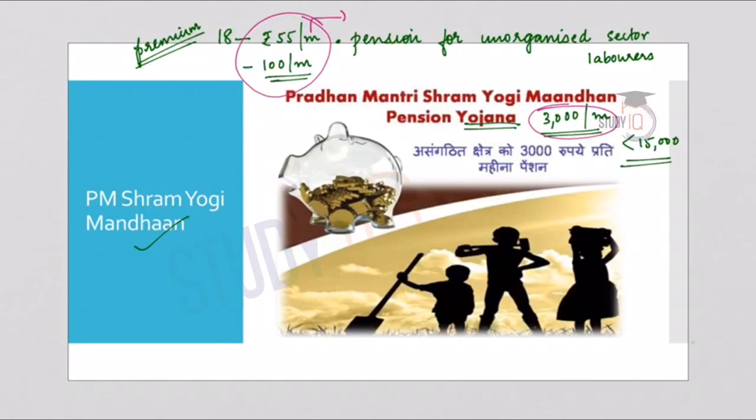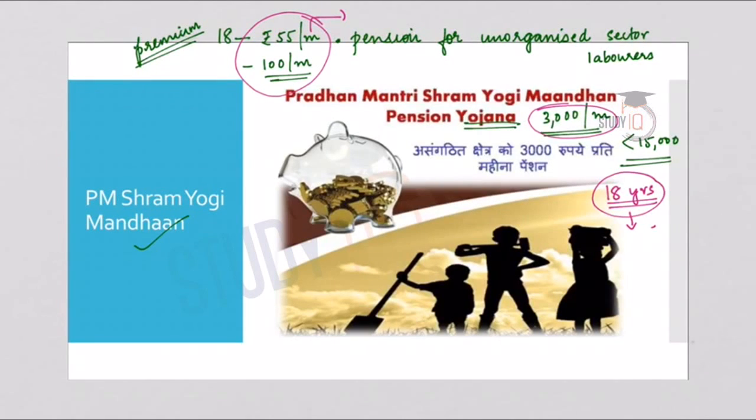Now, what is important here is that suppose a person who is 18 years of age enrolls with this Yojana and pays rupees 55 per month. He will be getting the benefits of this pension scheme at the age of 60 years, that is after 42 years.